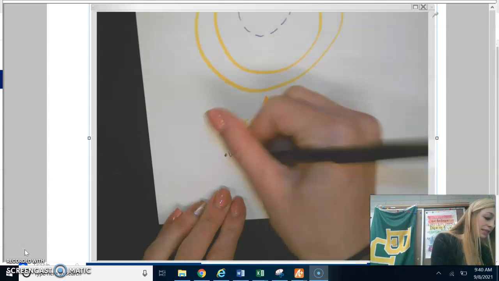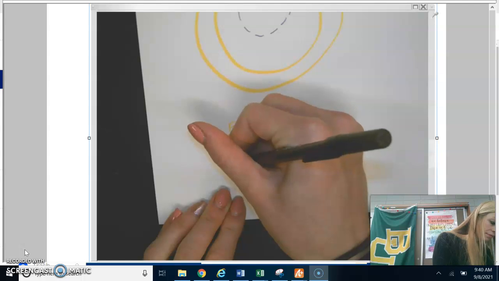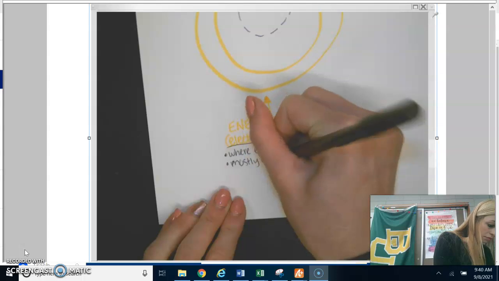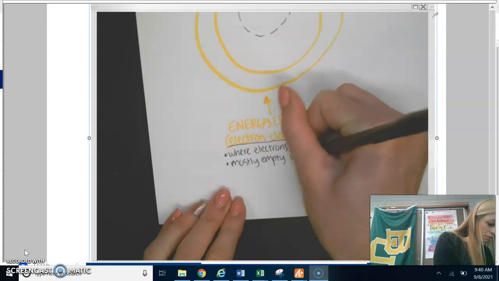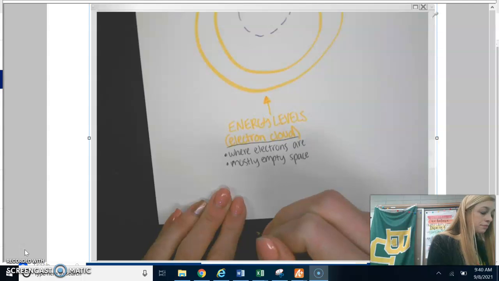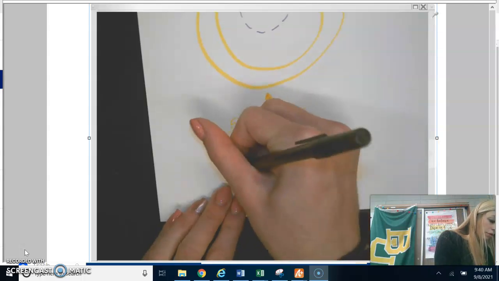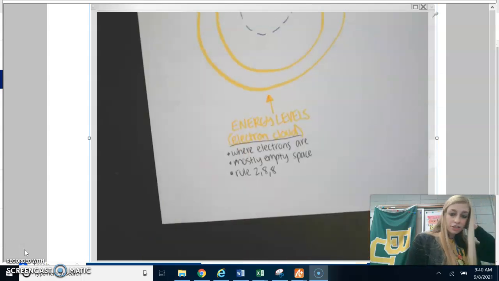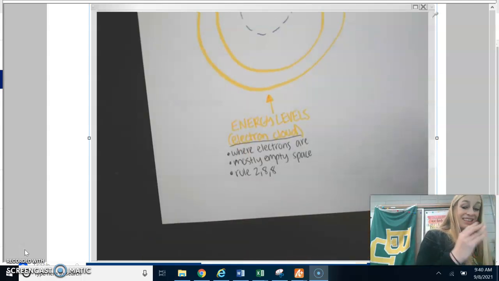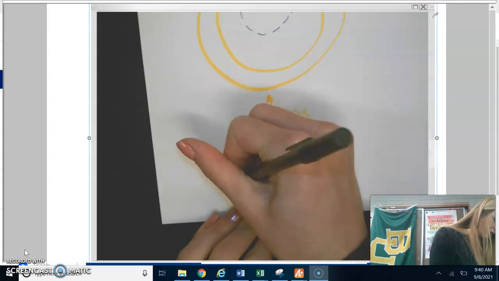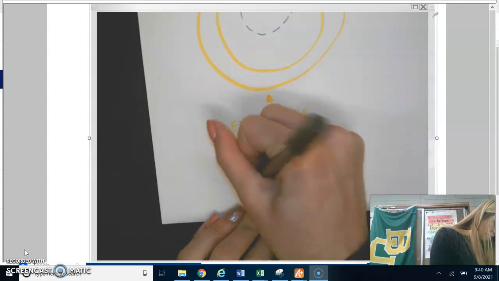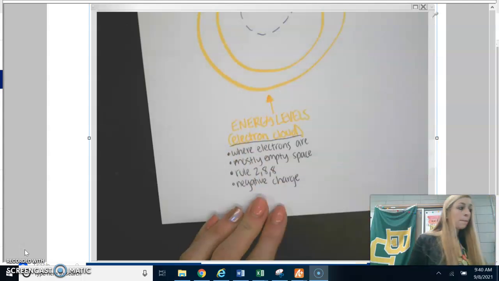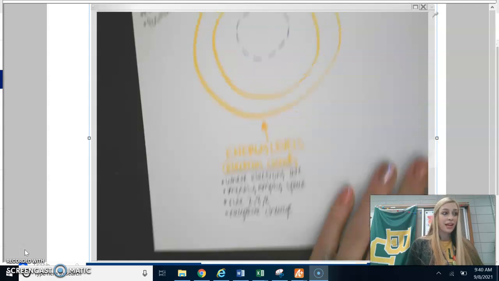This is mostly empty space. The rule is 2-8-8. We'll talk about that in just a little bit. And the energy levels have a negative charge. So those are the 2 locations.